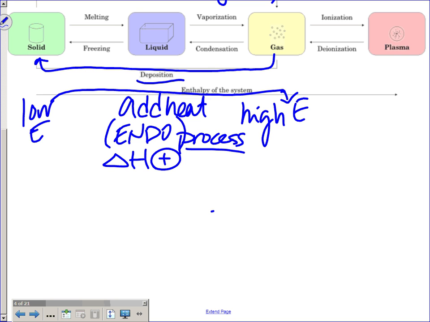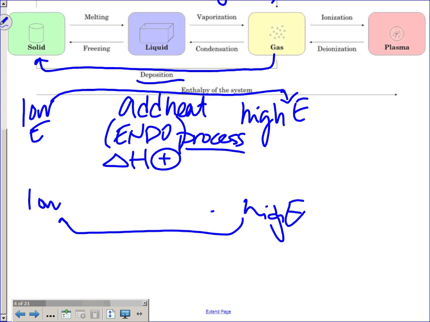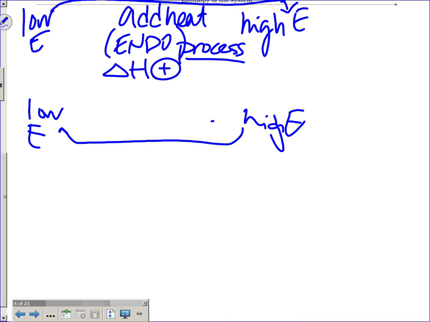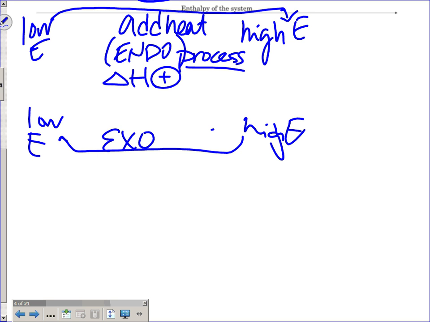All right, so opposite, you guys can help me out there. Going from a high energy state to a low energy state, what kind of terminology can I add here? It's an exothermic what? Process. Okay, so it's an exothermic process. Okay, what else?